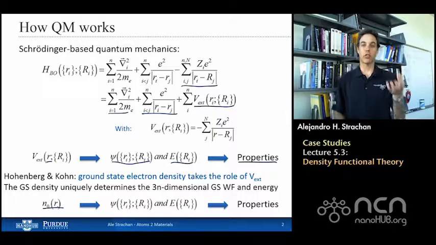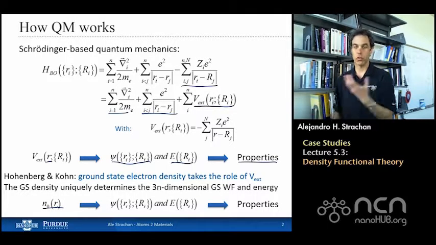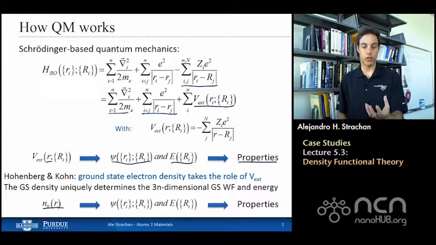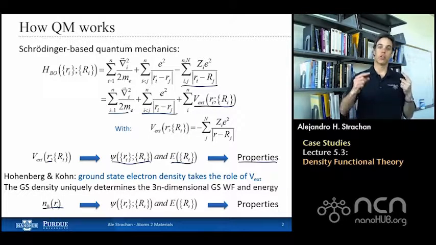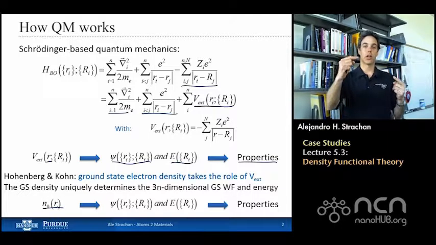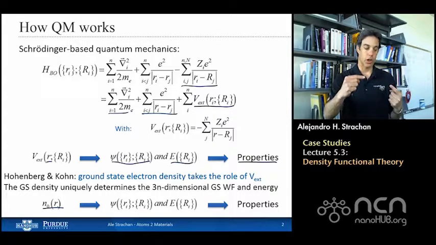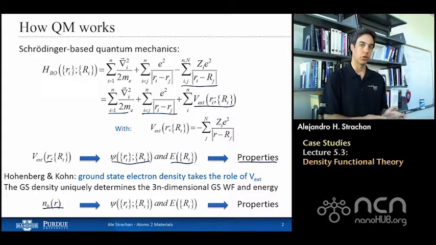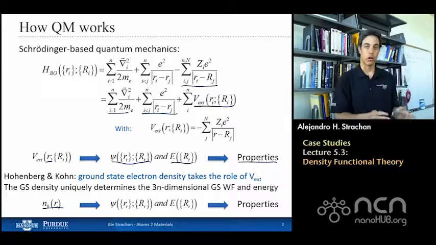The ground state electron density determines the wave function and determines the energy, and from there you can calculate properties, because there's a one-to-one, a unique correspondence between the three-dimensional external potential and the three-dimensional electron density.